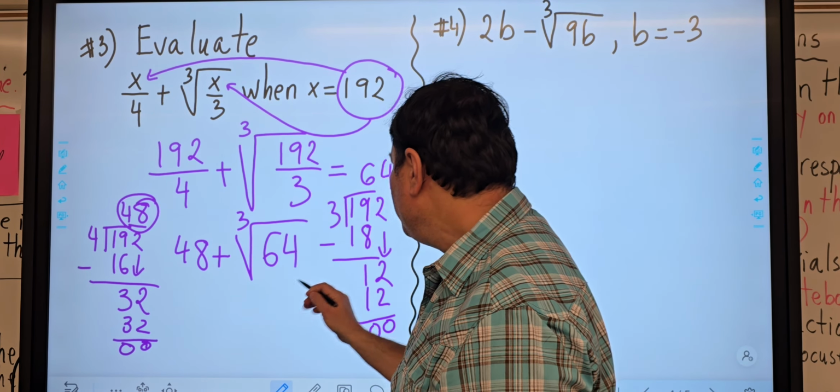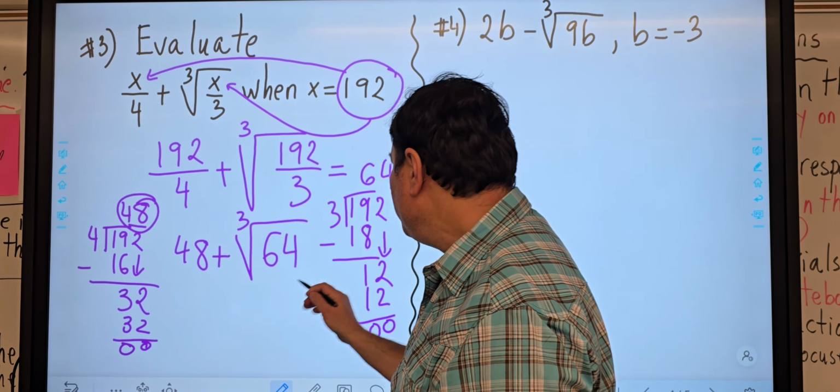So now we have 48 plus cube root of 4 times 4 times 4. Remember, 3 numbers multiplied together gives us 64. And now this can be written as 48 plus cube root of 4 cubed.